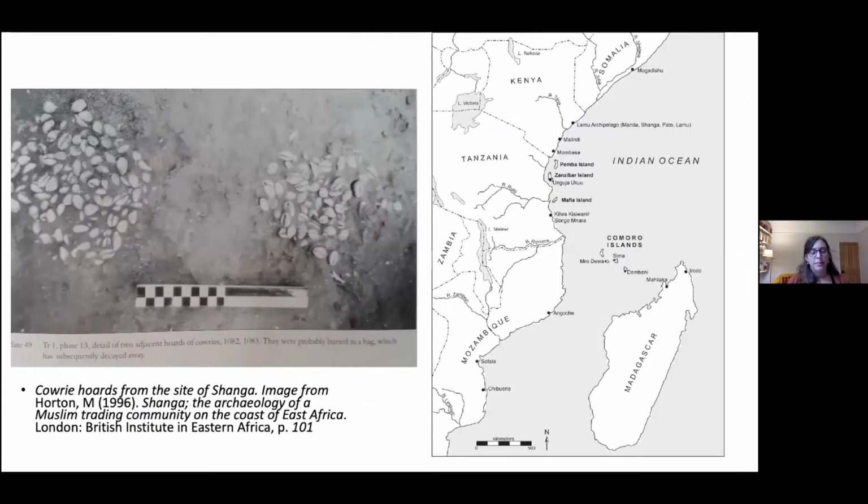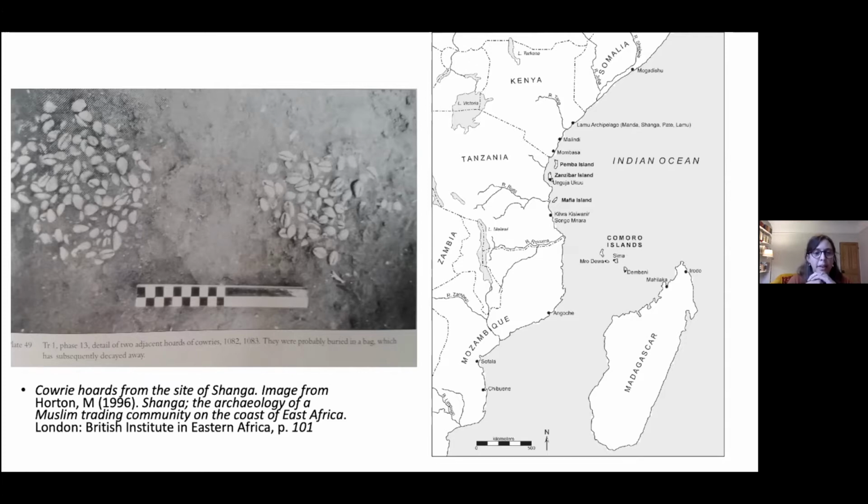But as part of our research, we've been looking at cowries in East Africa through time, and although very poorly documented in archaeological records, they do occur from the late first millennium AD in many coastal sites in East Africa, as well as in interior sites.